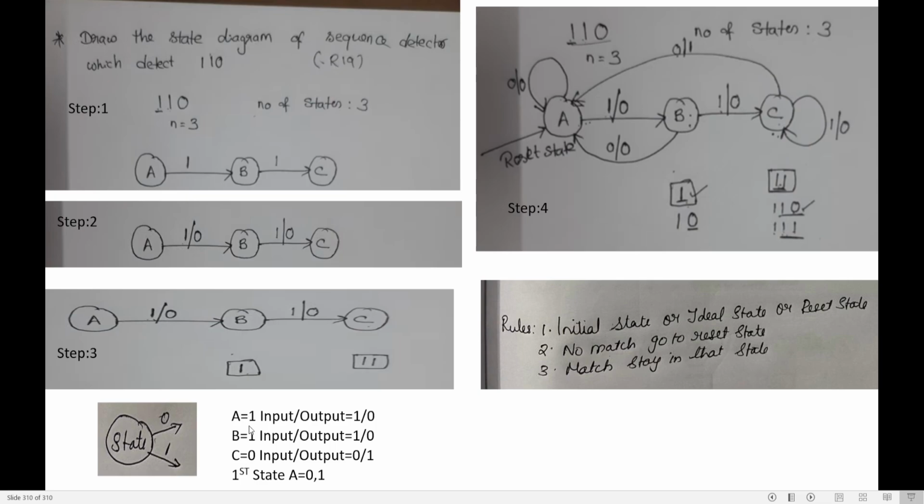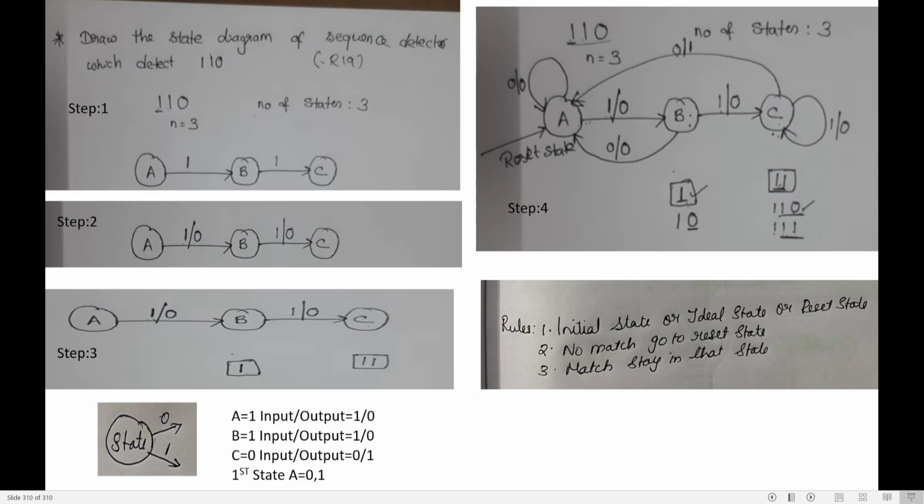110 is given, right? For A is 1, what is input slash output? If A is 1, you do the transition from A to B. So what is the input? 1. What would be the output? Since the sequence is not detected, output will be 0.